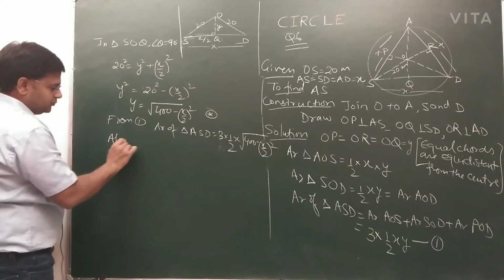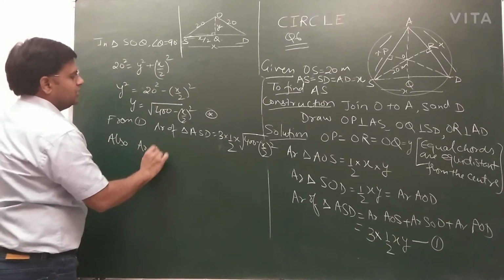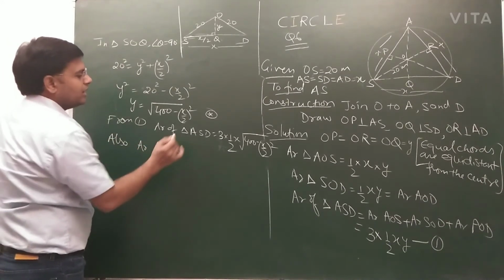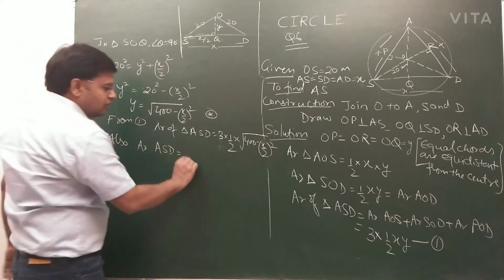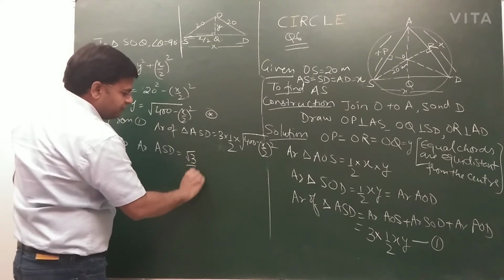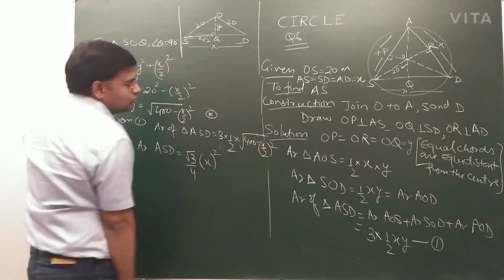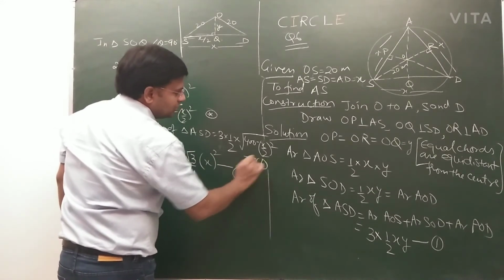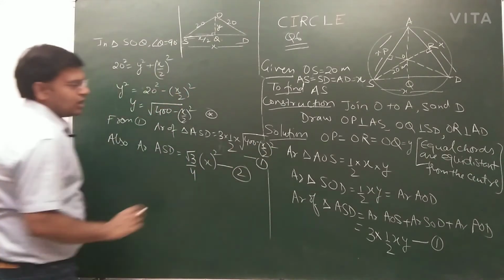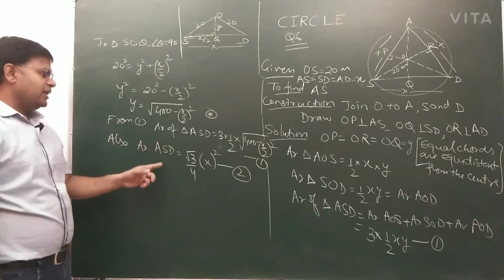Also, for the area of ASD, I can use that ASD is an equilateral triangle, and the area of an equilateral triangle is root 3 by 4 side square. This is also the area. Mark this as equation number 2 and the earlier one as equation number 1. Both are the areas of triangle ASD.